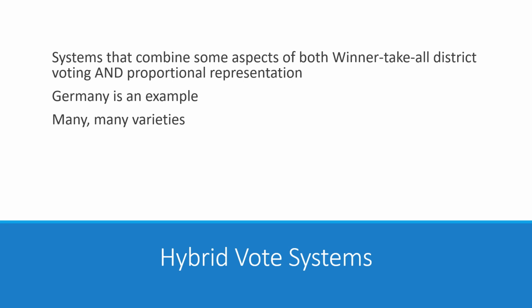But proportional representation systems also have problems. One of their problems is they can lead to having too many political parties, and that will lead to very unstable coalition governments, where you have to put 5 or 6 parties together to create a majority in the parliament, and they're always going to be squabbling, and those governments fall apart all the time.